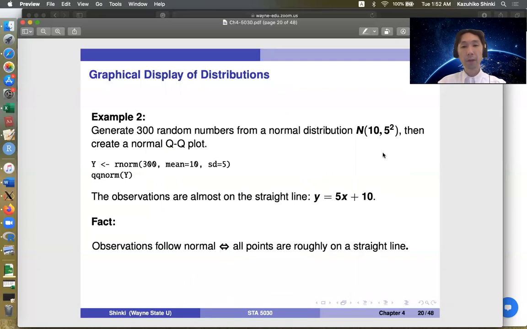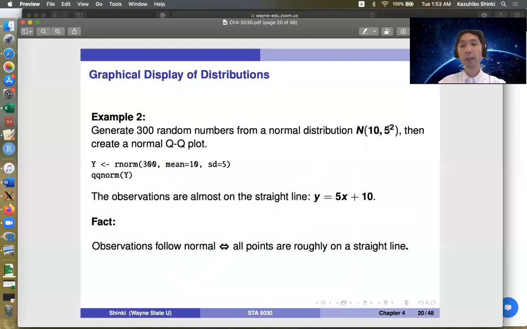So, next example. What happens if the mean and the standard deviation are changed? Think about 300 random numbers which follow a normal distribution but with mean 10 and standard deviation 5. Then basically all observations are shifted upward by 10. I mean, all observations get 10 larger, so the sample quantile on the y-axis is 10 larger.